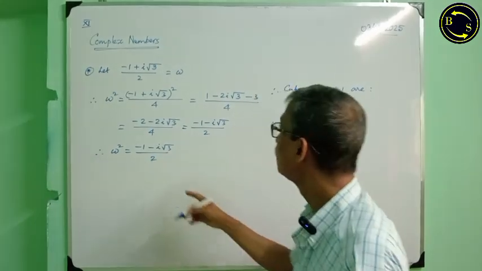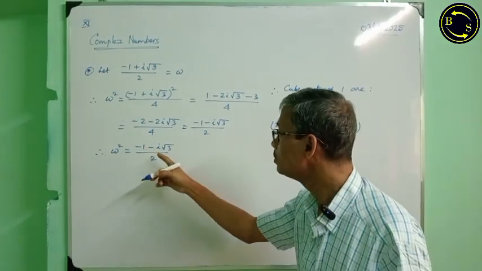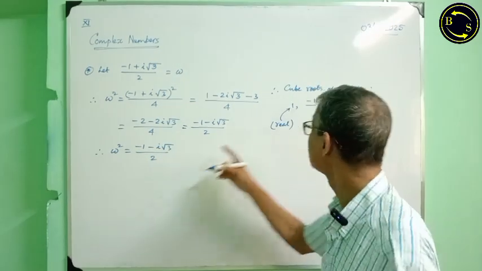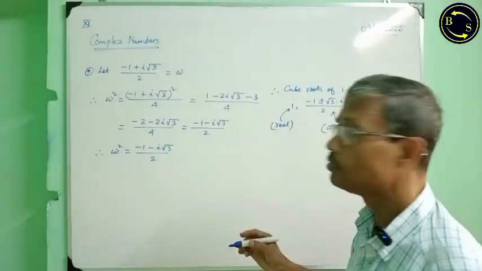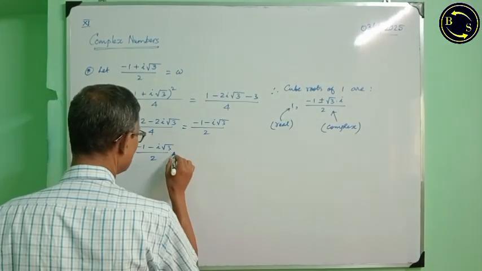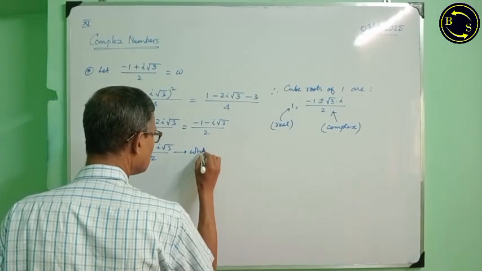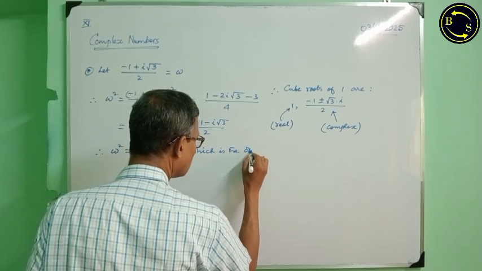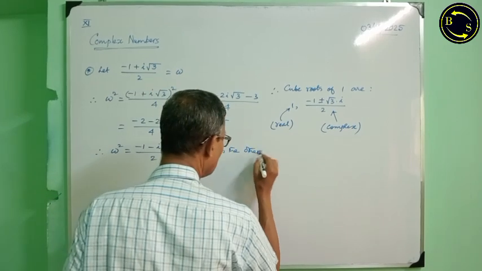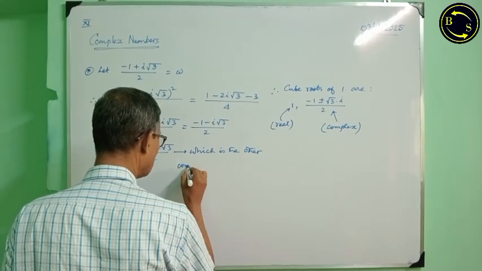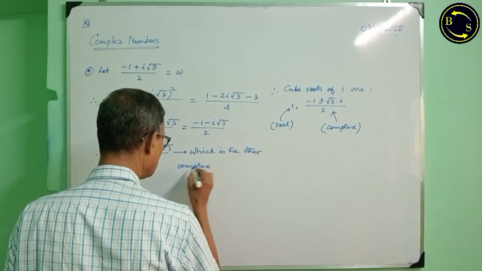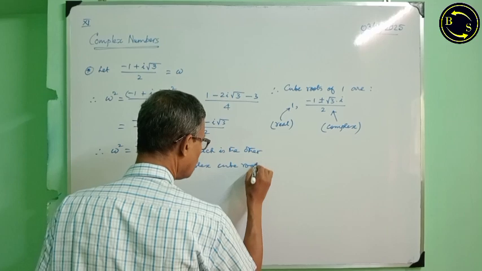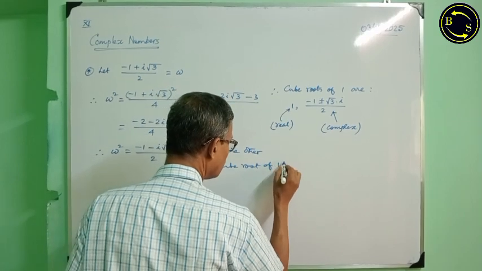Squaring, we find minus 1 minus i root 3 whole by 2. That is the other complex cube root of 1.